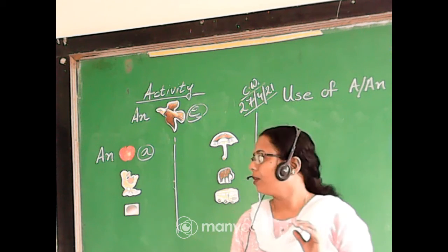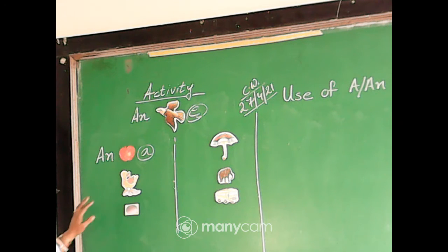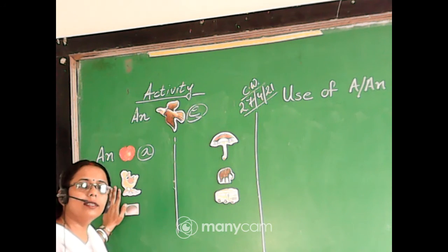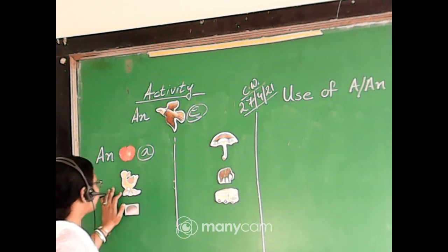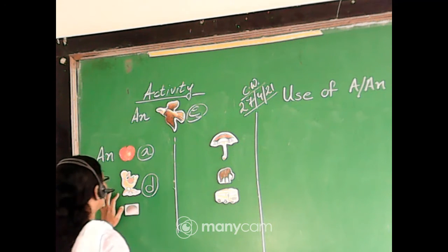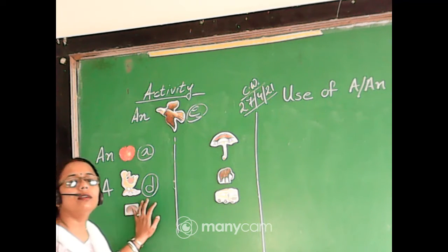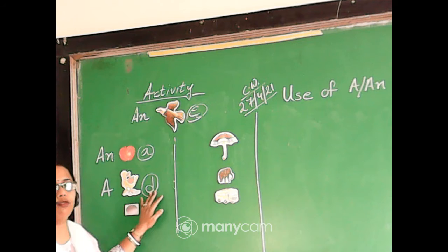Now let us do that one. Here is duck, right? Duck starts with D. It's a consonant. So a duck. We will place article a before this one.